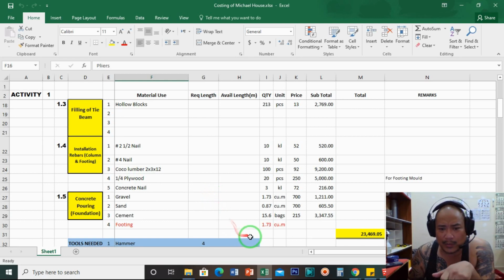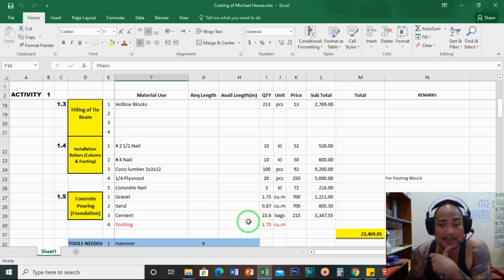In our concrete, we need 1.73 cubic meters. So in gravel, I need 1.73, and sand, I need 0.87 cubic meter, and at least I need 16 bags of cement. So the total of all of this is 23,469.05.